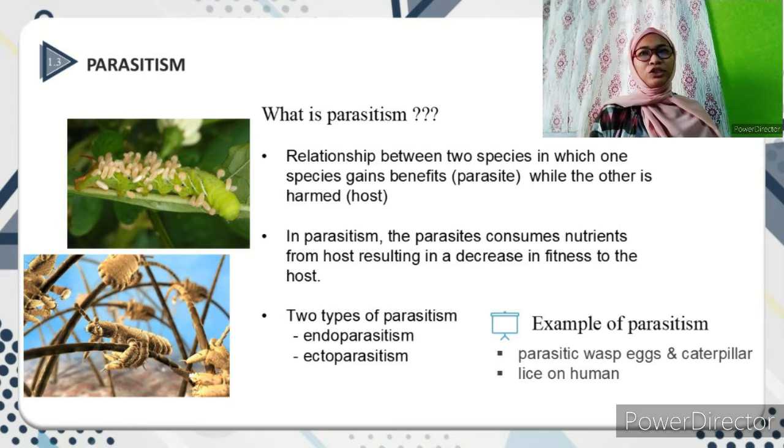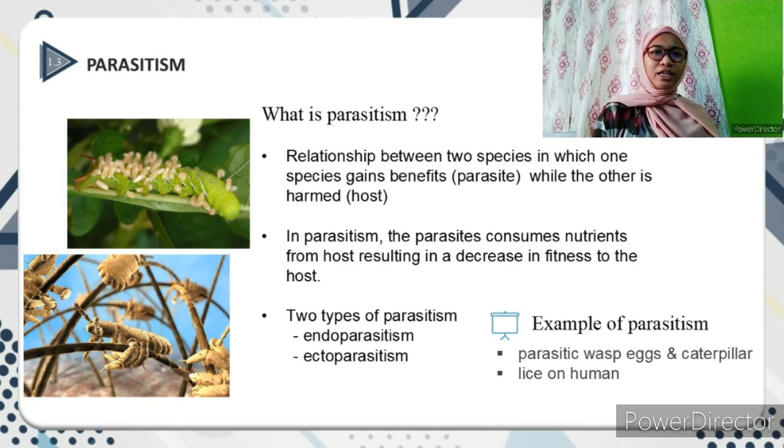I will begin my presentation with one question. What is parasitism? Parasitism is a relationship between two species in which one species gains benefit while the other one is harmed. The species that gains benefit is called the parasite, while the other that is harmed is known as the host.